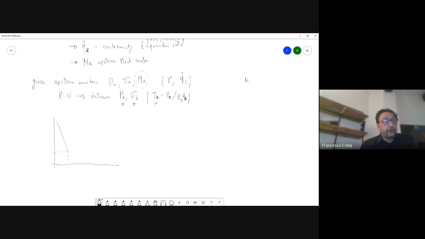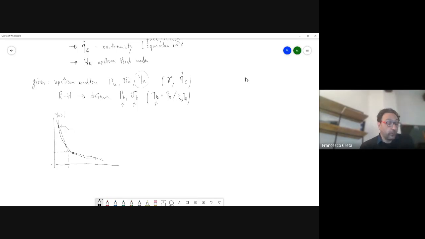So we have 4 solutions. 2 are supersonic and are called detonations. So these are the supersonic solutions.